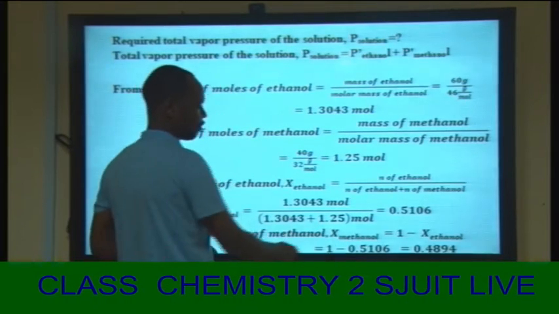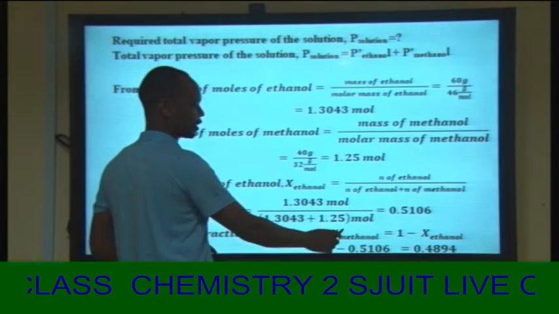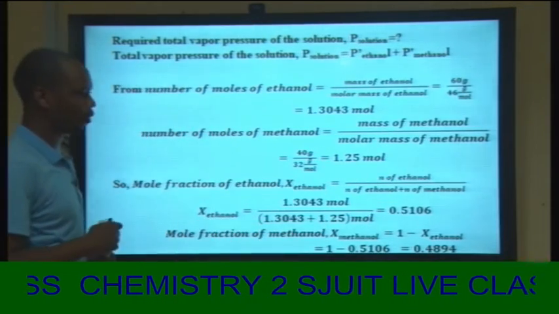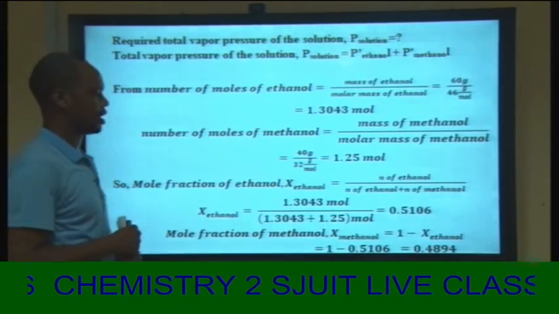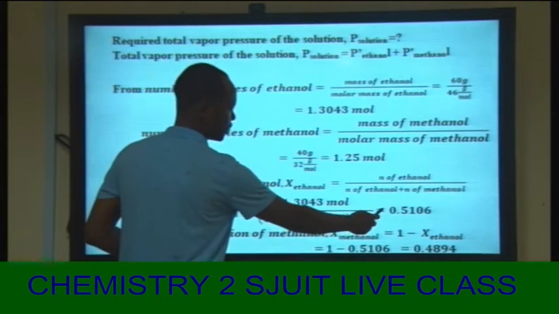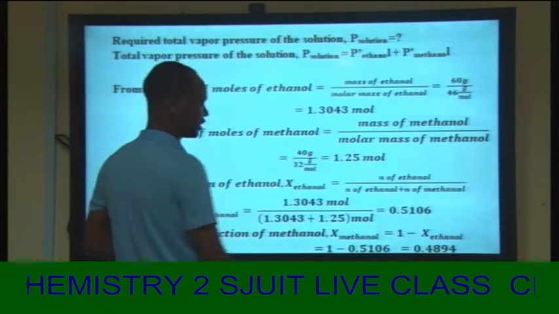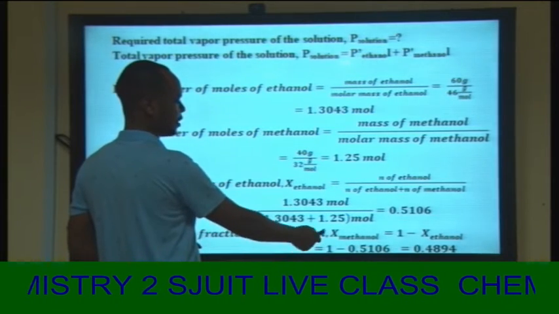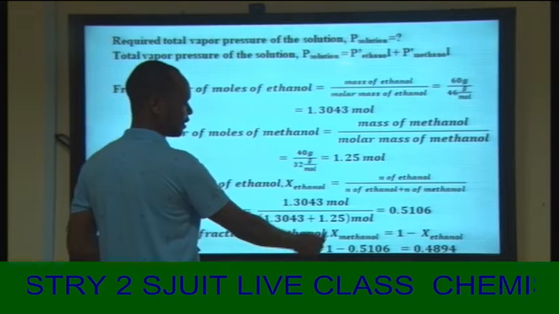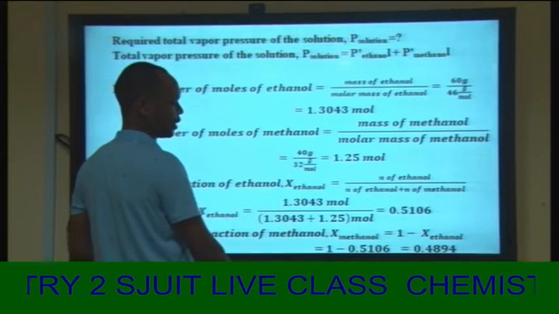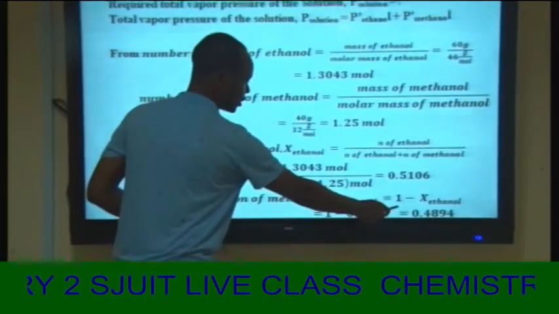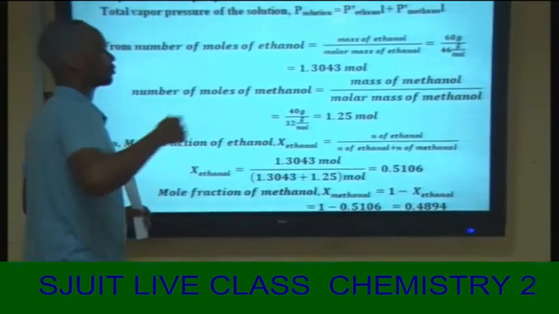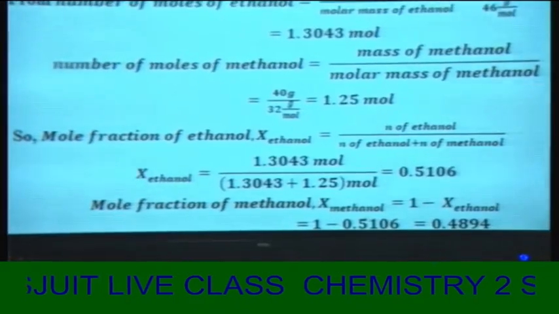The expression for finding mole fraction of methanol should be equal to 1 minus mole fraction of ethanol. Mole fraction of ethanol was 0.5106. Therefore, mole fraction of methanol will be equal to 0.4894. So these are the mole fraction terms.